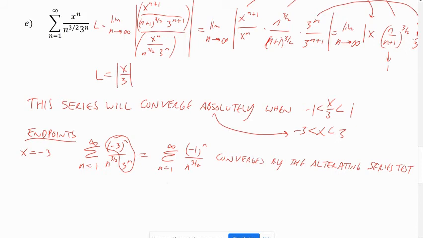And notice if we put absolute value around it, then it becomes 1 over n to the 3 halves.